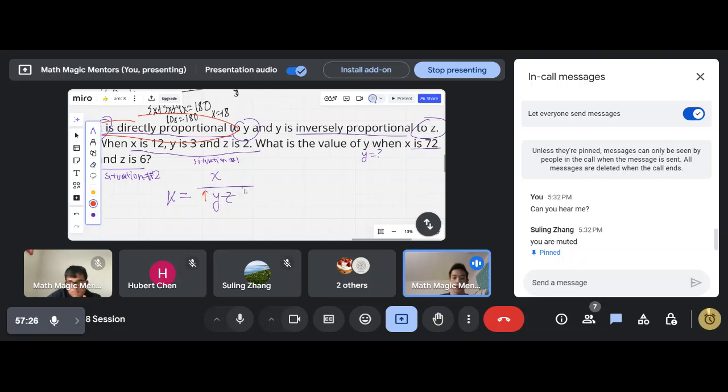To preserve that constant, if we increase y by something, we must decrease z by that same something. Because if you just leave z as it is, the net change in this expression is that the denominator is increased and k will decrease as a result.